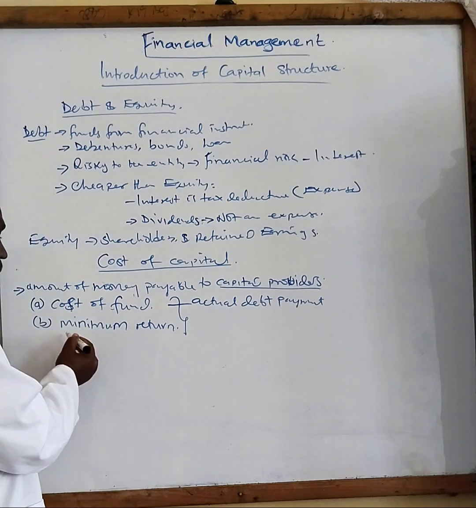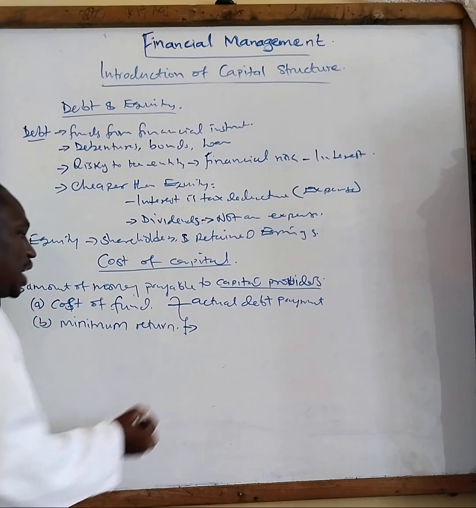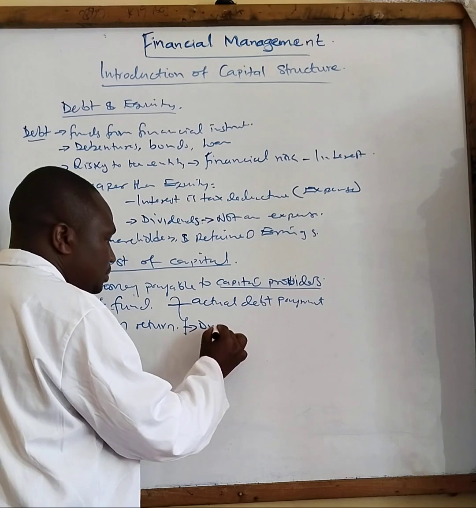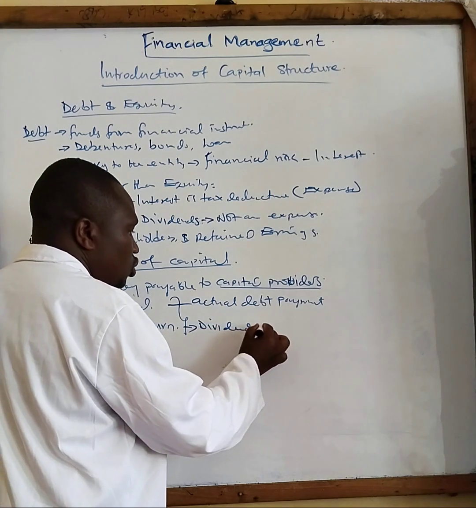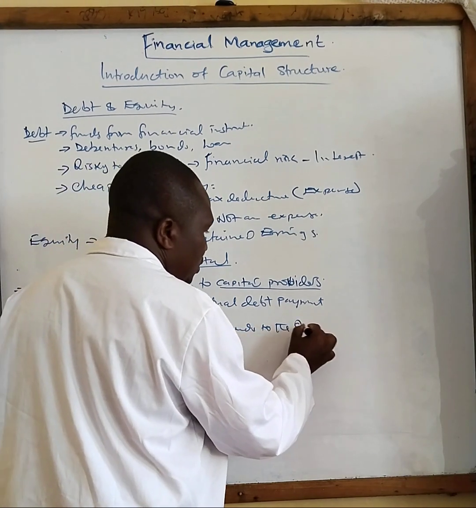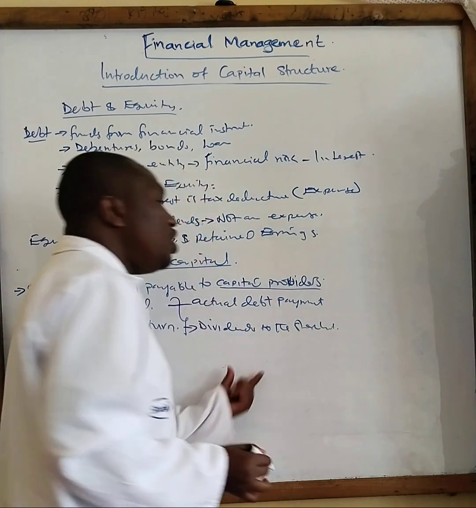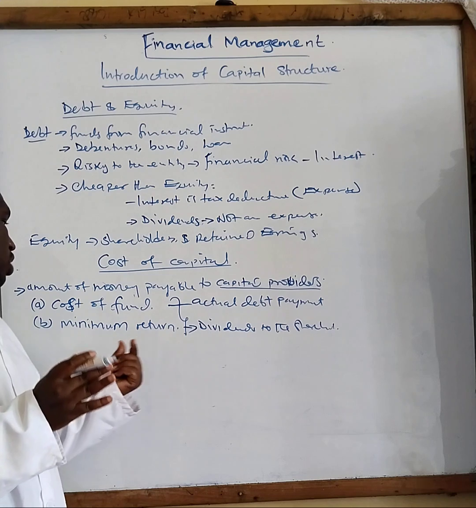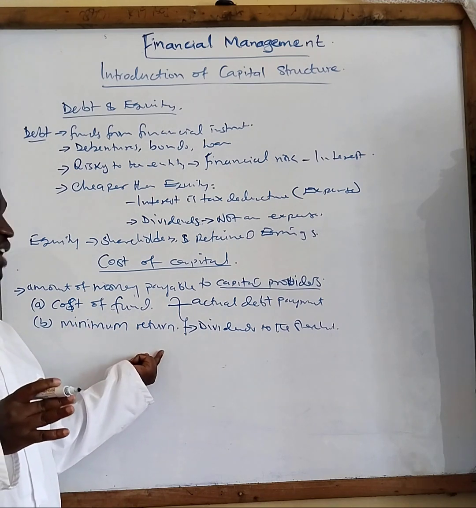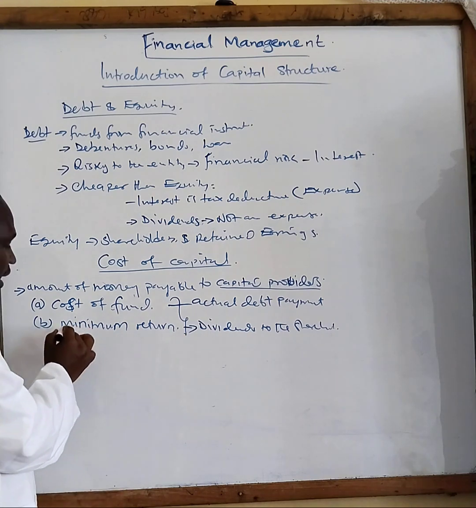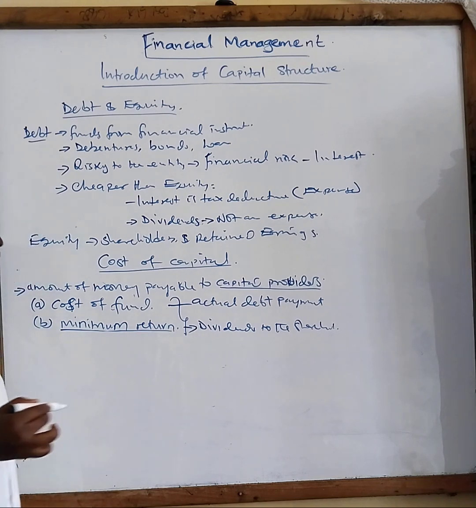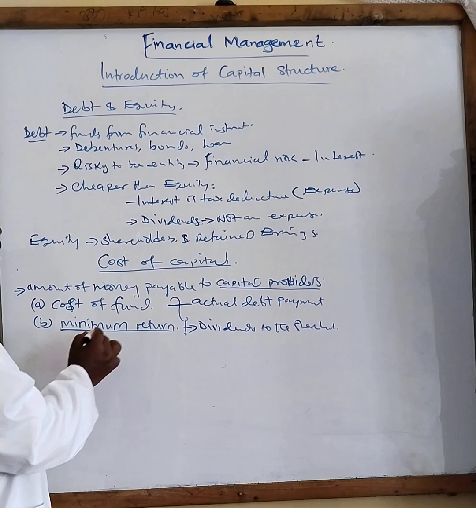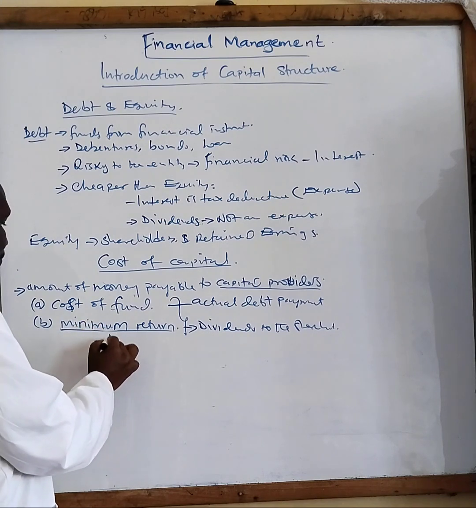But when you talk about a minimum return, in this case we are talking about dividends to the shareholders. So the shareholders bring their money into the organization because they expect what they call a minimum return. So these people get actually a minimum return, that's why we are saying in this case it is less risky.